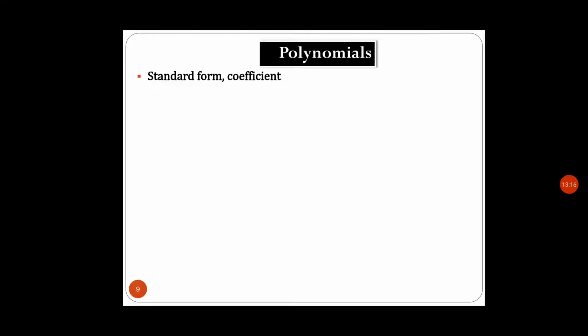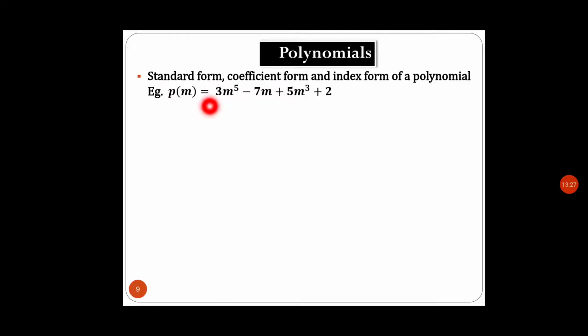Now we see the standard form, coefficients and index form of a polynomial. For example, we consider the polynomial P(m) = 3m^5 - 7m + 5m^3 + 2.